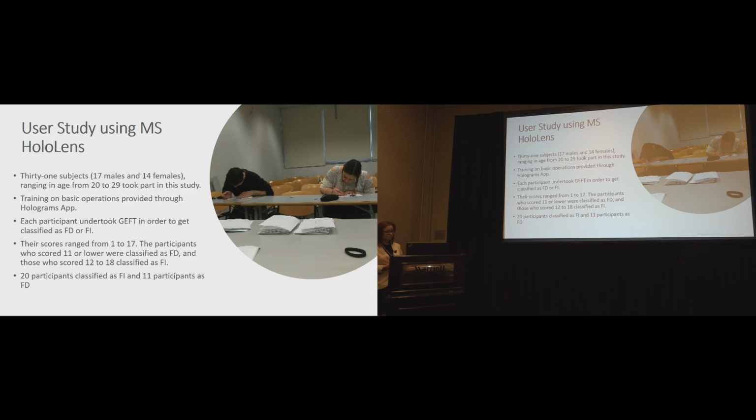So we had participants classified from 1 to 17, and the cutoff score was 11, and this is what is used in psychology. So whoever is below 11 is classified as field dependent, and whoever goes 12 to 18 classified as field independent. So overall, we had 20 participants as field independent and 11 participants as field dependent.